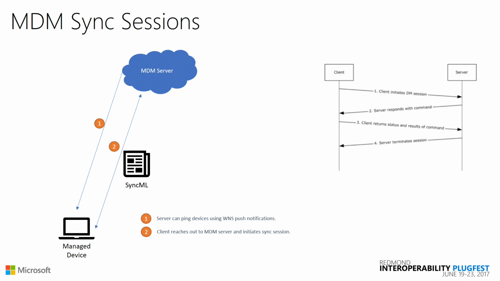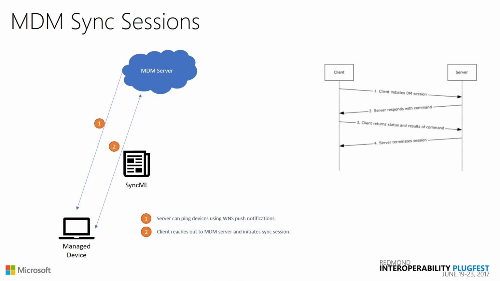Generally, the way that any sort of MDM interaction works is the client will send up, the server will send down a set of instructions they want the client to execute. And the client will respond back with a series of response codes corresponding to each of the actions the MDM server wanted to take. And then depending on those response codes, the MDM can choose to enforce additional policies, send additional commands, et cetera.